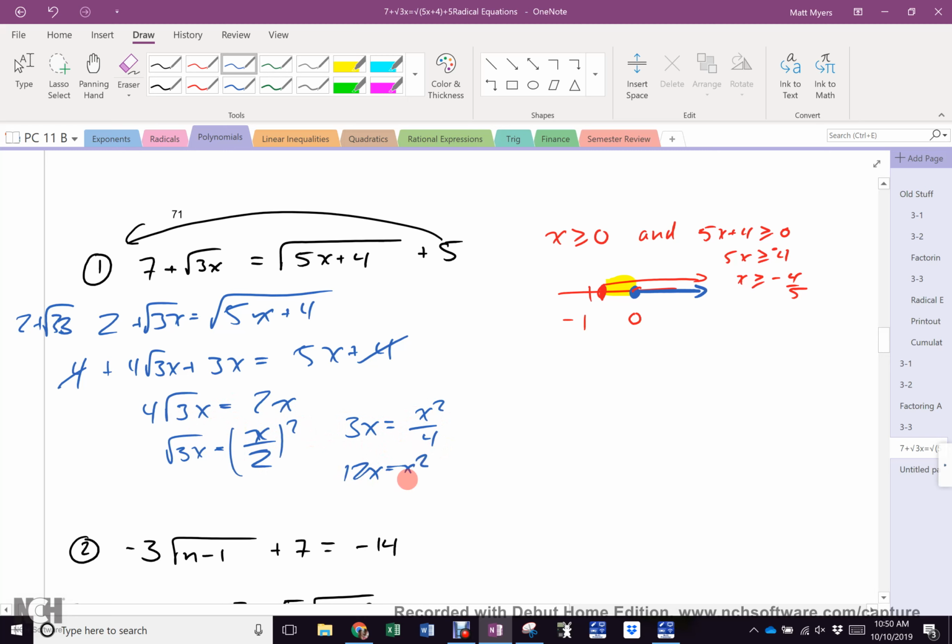Then x squared minus 12x equals 0, x times x minus 12. There we go. I never canceled my 4s. So the answers are 0 and 12, and they work.